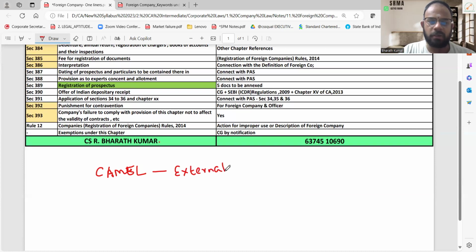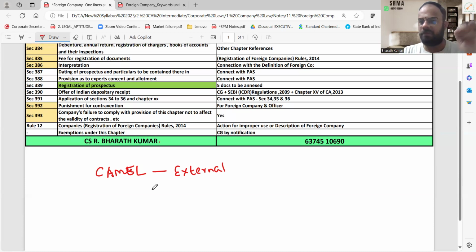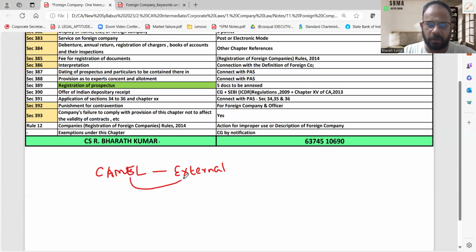Control, access to capital, membership, liability, all that we have covered in the previous chapter. But when we are talking about external, we said so many companies are there. One of them is the foreign company. Foreign company, government company, Nidhi company, producer company, public financial institution, like that.